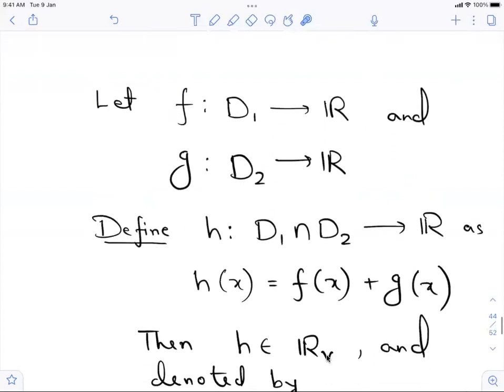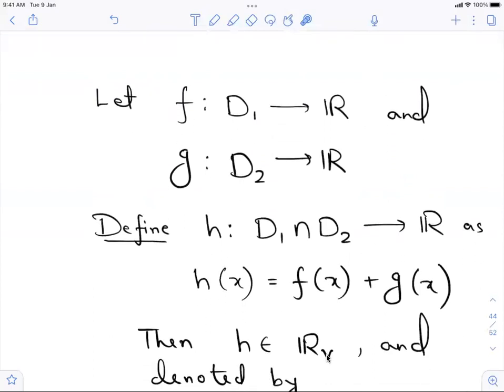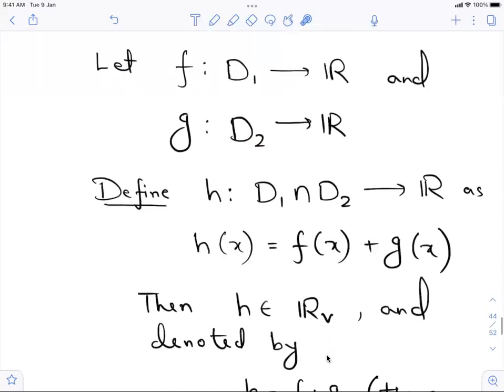Suppose f and g are two functions with domains d1 and d2. This need not be the natural domain; I can have smaller domains as well, depending on the context. Then how can I add, multiply, subtract, or divide these two functions?